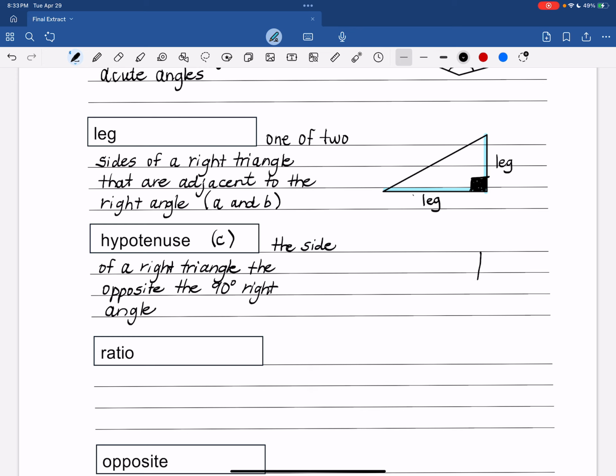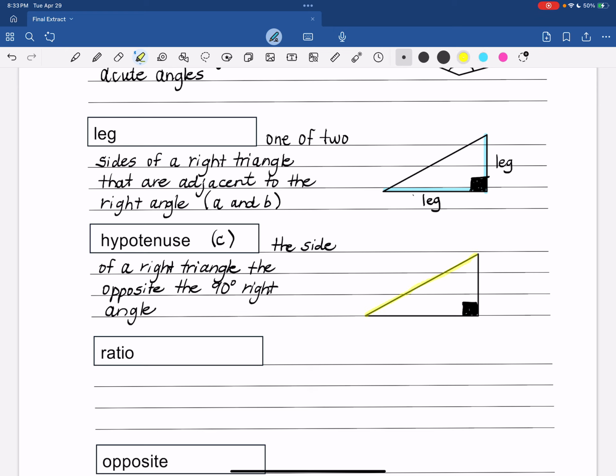And here is a picture of hypotenuse. There's your right angle. Hypotenuse is across from, it's opposite that right angle.